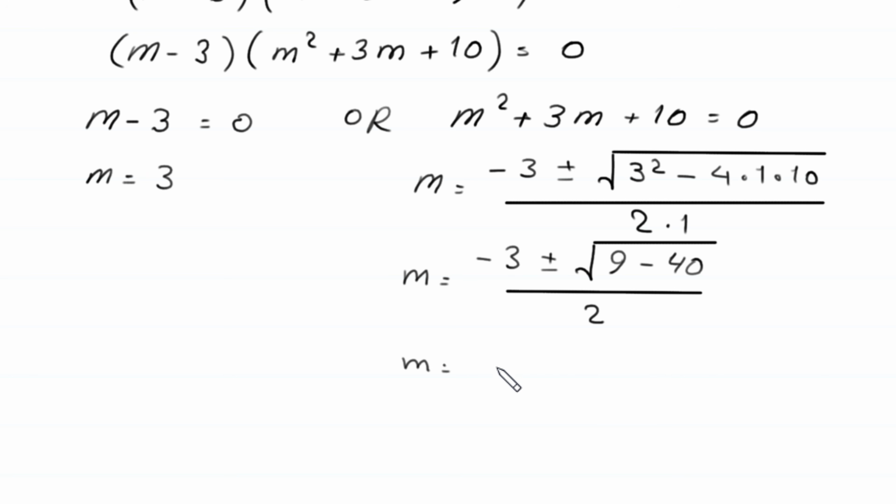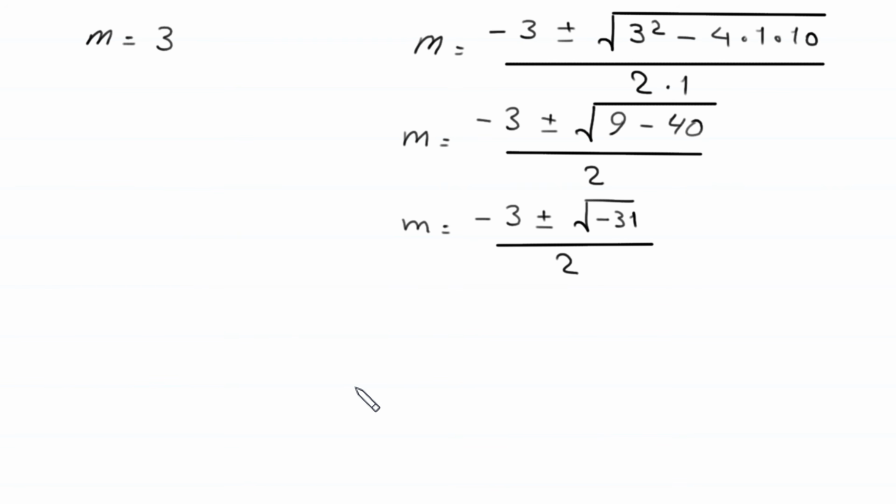Next, m is equal to negative 3 plus minus square root of 9 minus 40 is negative 31, divided by 2. Next, m is equal to negative 3 plus minus, this square root of negative 31 can be written as square root of 31 times square root of negative 1, divided by 2.